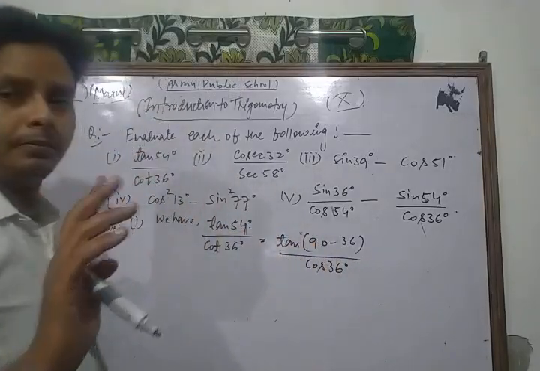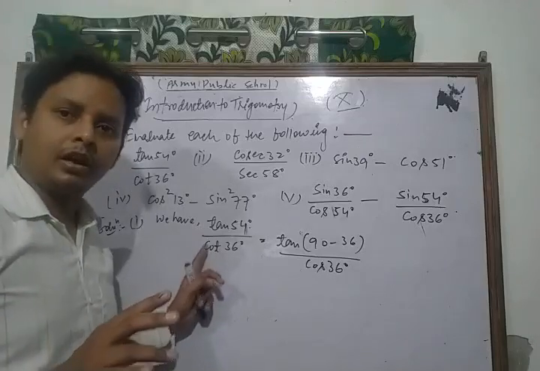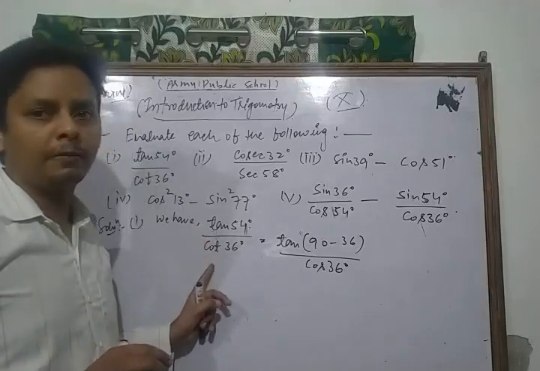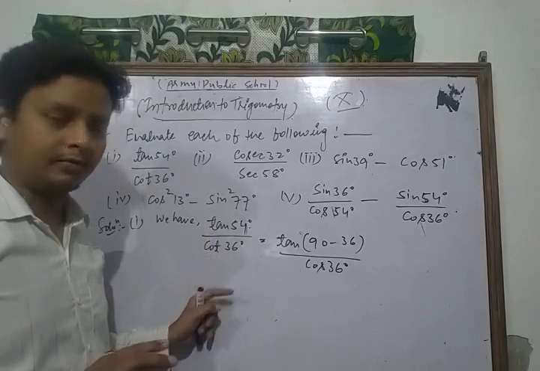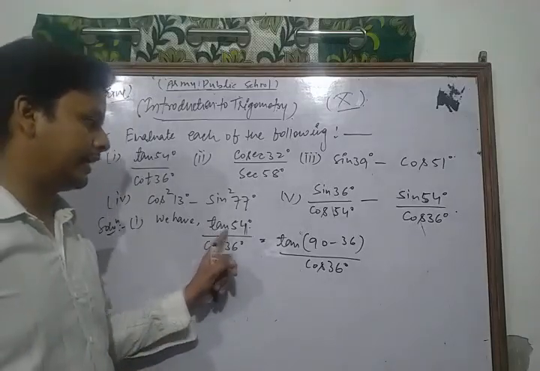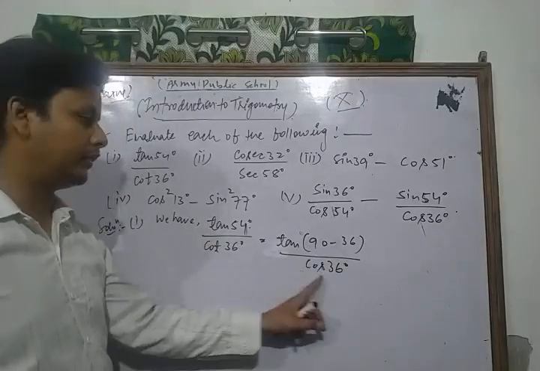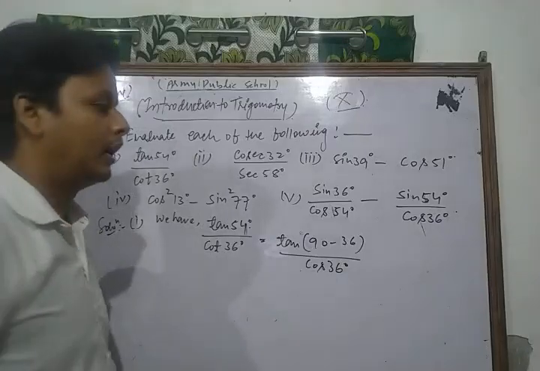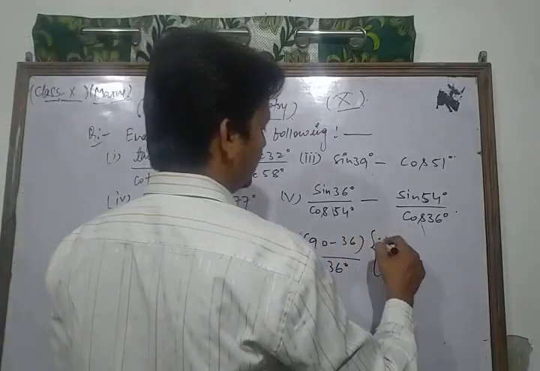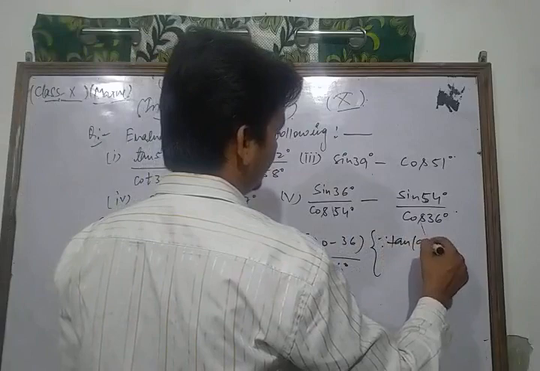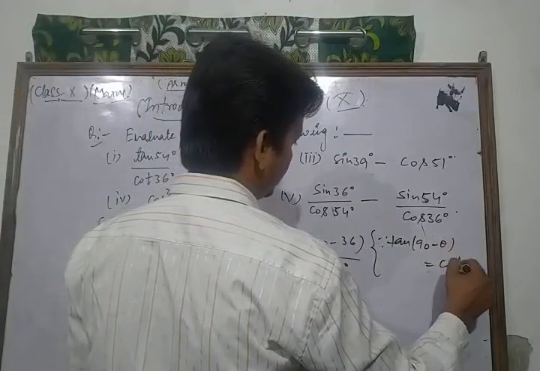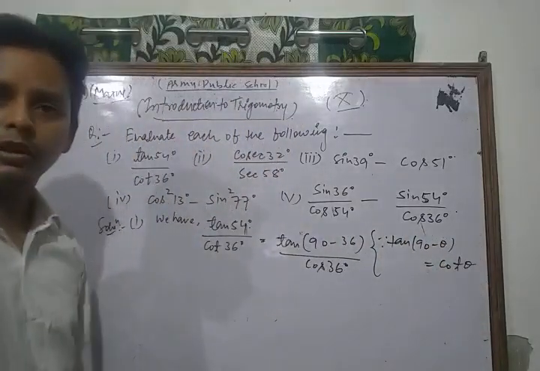You convert only one of them, either tan 54 or cot 36. So we convert tan, we write tan 90 minus 36 and we write cot 36 as it is. Since we know that tan 90 minus theta is cot theta, this is the formula which we discussed.